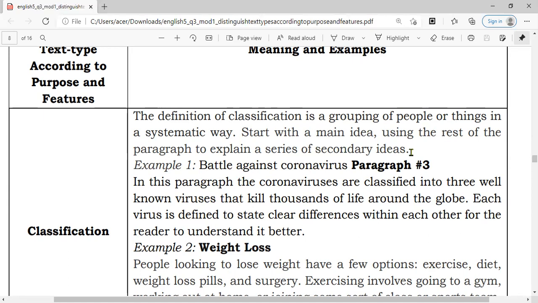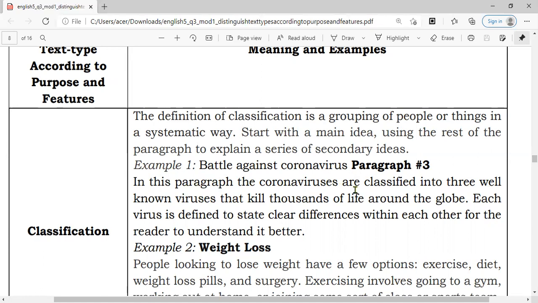So let's have example number one. Battle Against Coronavirus, paragraph 3. That means paragraph 3 is classification. Why does paragraph 3 fall under classification? In this paragraph, the coronaviruses are classified into 3 well-known viruses that kill thousands of lives around the globe.